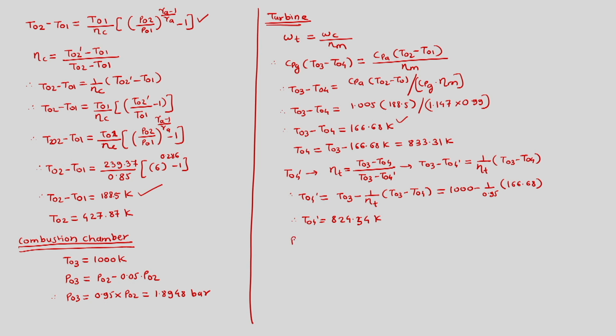Knowing this, we can find out what is the pressure ratio at which the turbine was operating, which is P04 divided by P03, that is 1 upon Rp turbine, which is equal to (T04 dash upon T03) bracket raised to gamma gas divided by (gamma gas minus 1), where the gas exponent is (gamma minus 1) upon gamma.